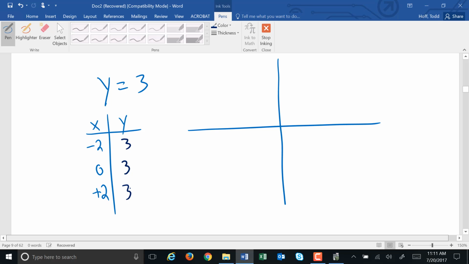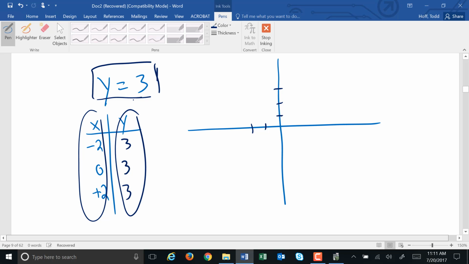Okay, you get the picture. y is 3 no matter what x is, because x doesn't appear up here. So there's no place to put the x in. So y is 3, period. Any value I pick for x, y is going to be 3. So if x is -2, y is 3, x is 0, y is 3, x is 2, y is just plain 3. It is a flat line at y equals 3.